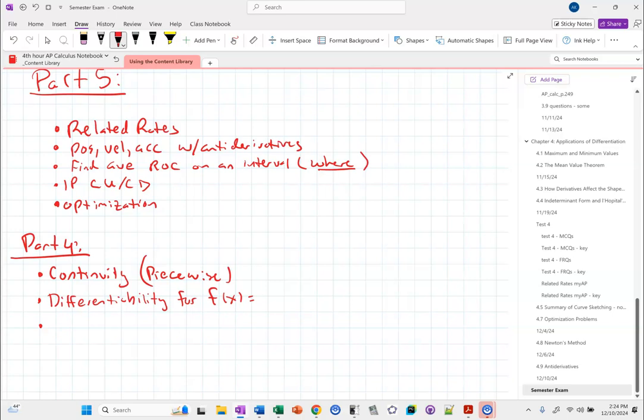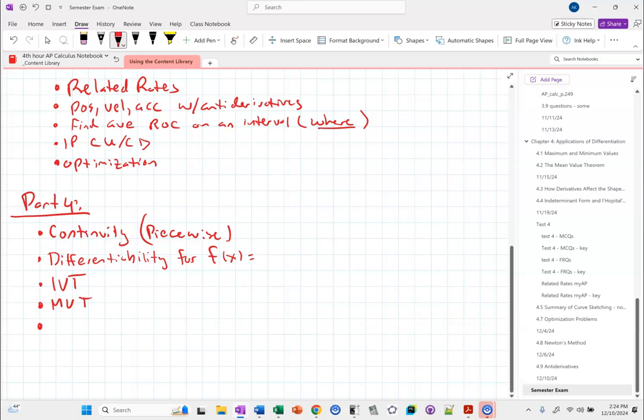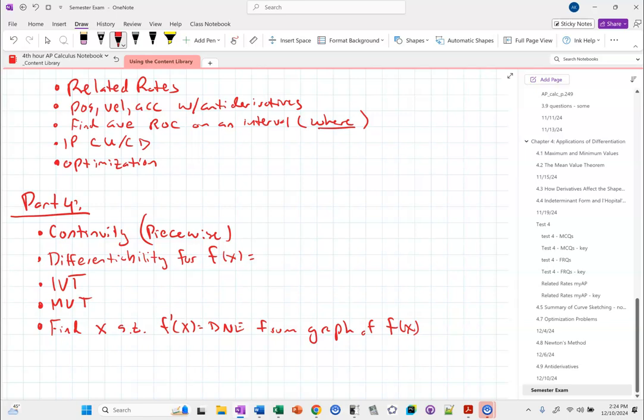If I give you the function, you have an IVT question, an MVT question, and then you should be able to find the places where the graph, or where the derivative doesn't exist, or where the function is not differentiable, looking at the graph of the function.